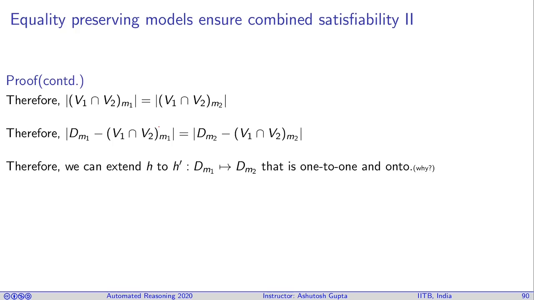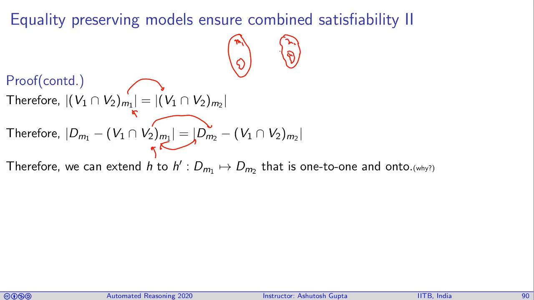Now we can extend h. h was working on this set, right? Now we extend h to these sets. h was mapping this set to this set. Now we can extend h to h prime, which starts mapping all the other elements. So we have this big set M1, and the big set M2, and there is some small set on which we had constructed h.